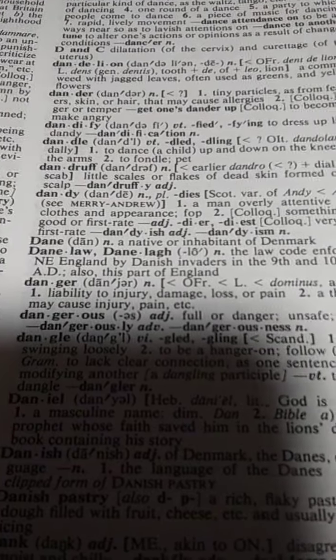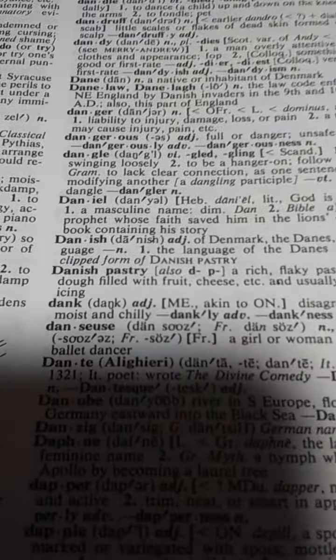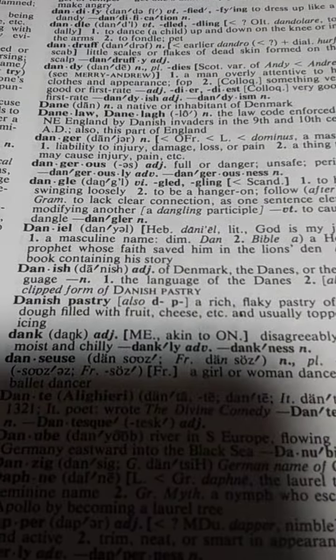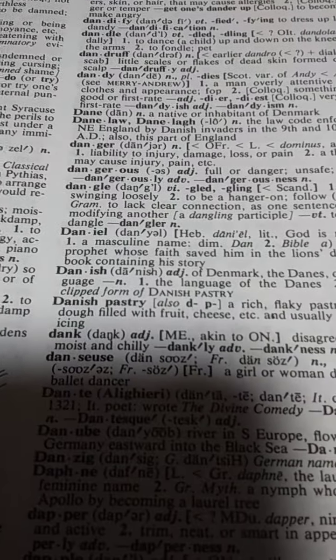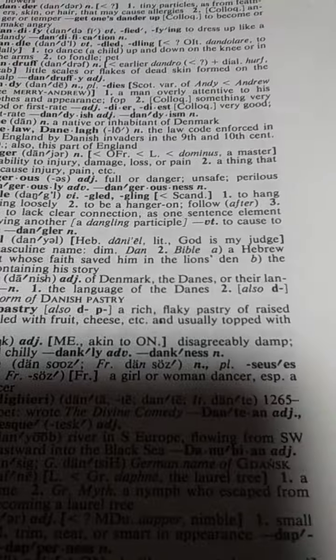Go further down: Danish, of Denmark, the Danes, or their language, the language of the Danes.